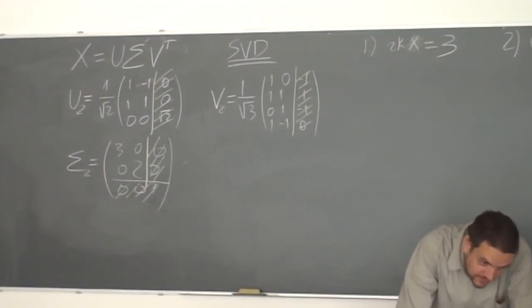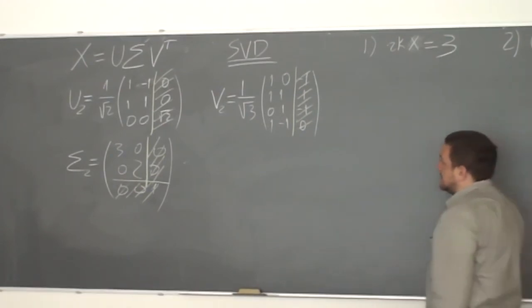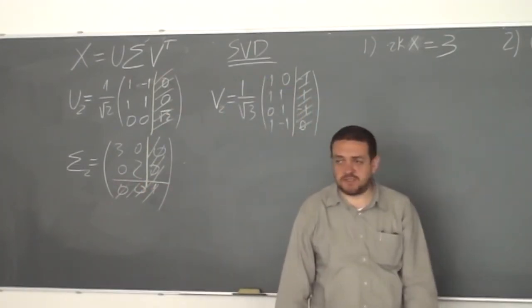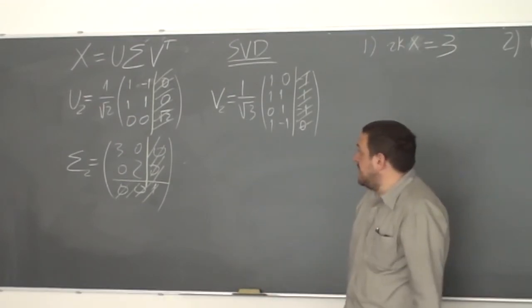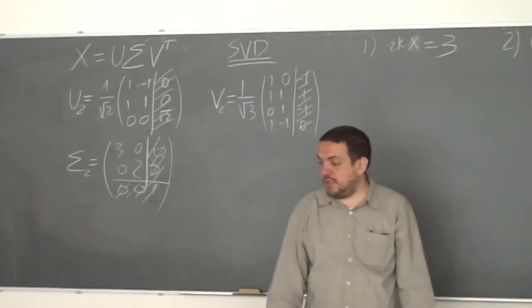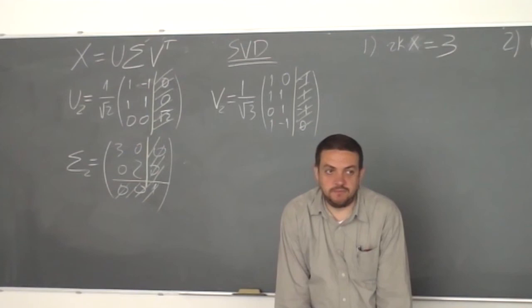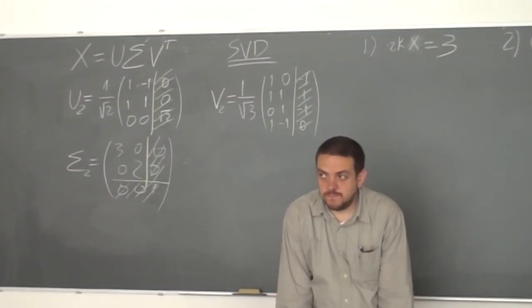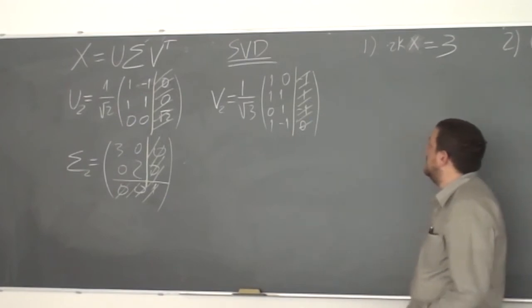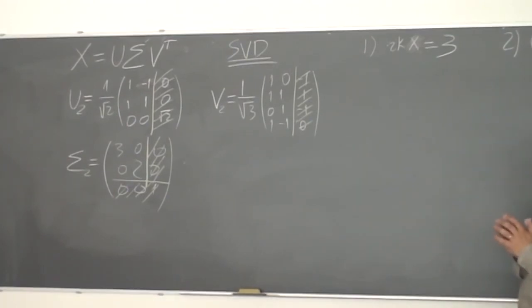Next question is rather long. It asks, okay, given this approximation of matrix X, let's apply an agglomerative clustering procedure to the documents. Oh, by the way, how many documents are there? 2, 3, 4, 10, 1,000?